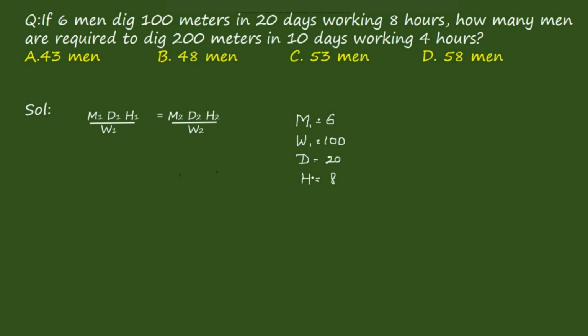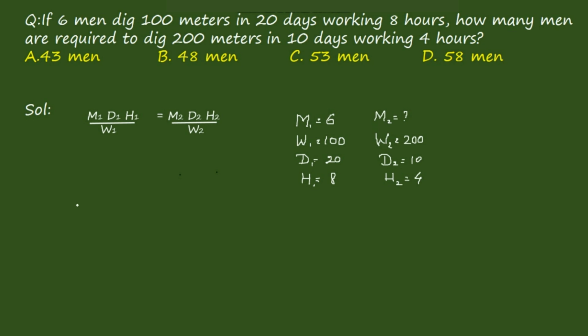Then M2 is not known. W2 is given as 200, D2 is given as 10 days, and the number of hours H2 is equal to 4 hours.